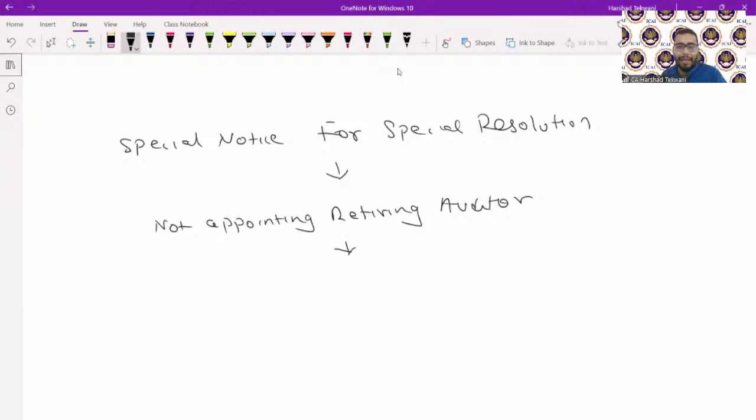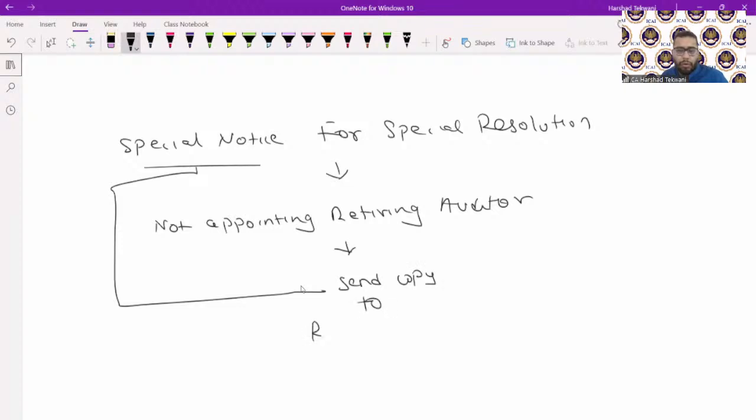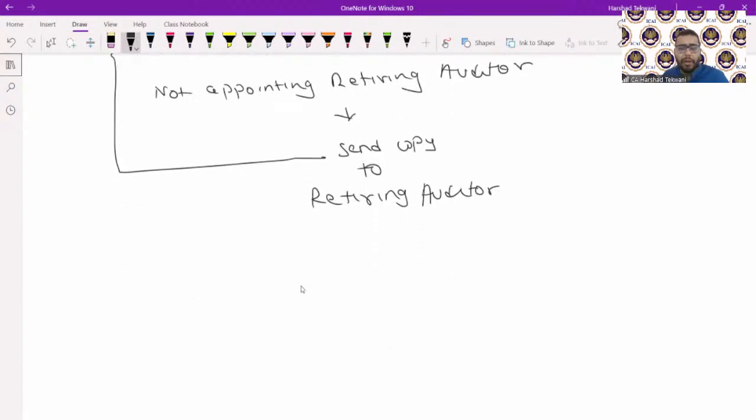We need to send a copy of this notice to the retiring auditor, along with the reasons for which we are seeking the special resolution. Once the retiring auditor receives this notice, he will provide a representation to the company for circulation.